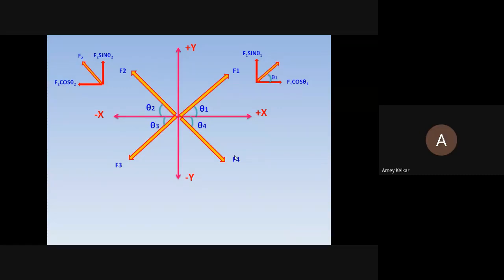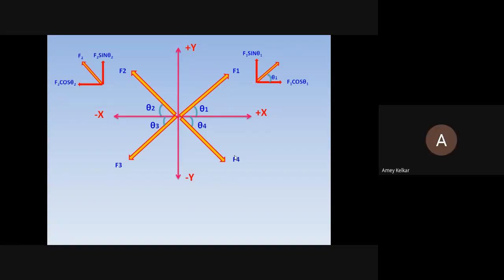So when we are speaking of the second quadrant, we have written F2 cos theta 2, F2 sin theta 2. Which is positive and which is negative? Can you tell me? Yes, Anand, tell me. Horizontal is negative, sir, and vertical is positive. Very good, Anand.